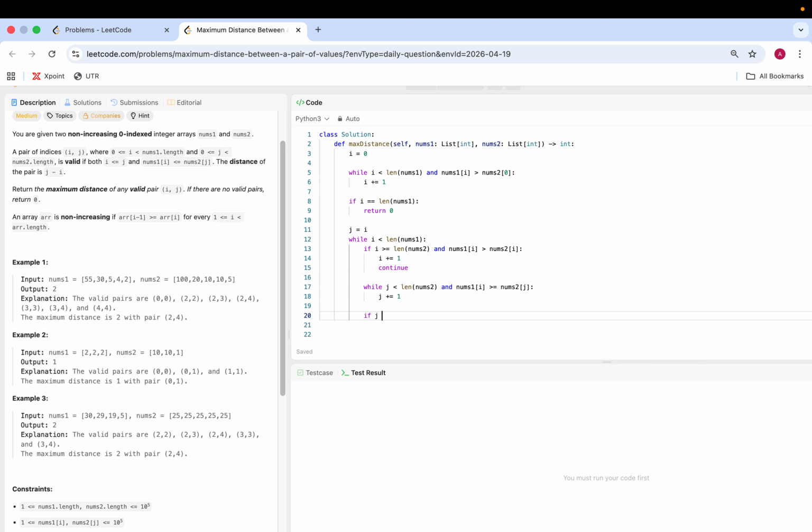If j ends up equaling the length of nums2, that indicates that up until the very last moment of nums2, nums2 was always bigger than nums1. So in that case, I think the distance calculated is just the length of nums2 minus 1, which is that very last index, minus the value of i.